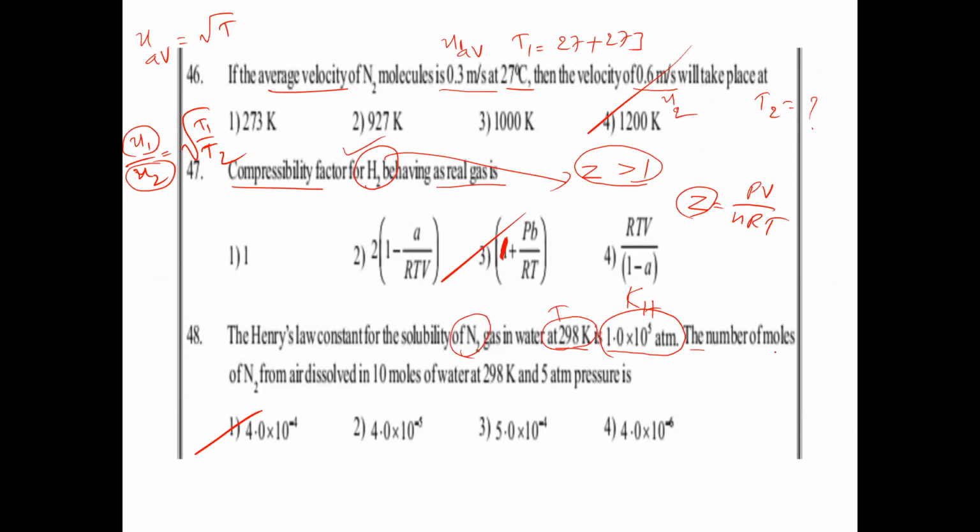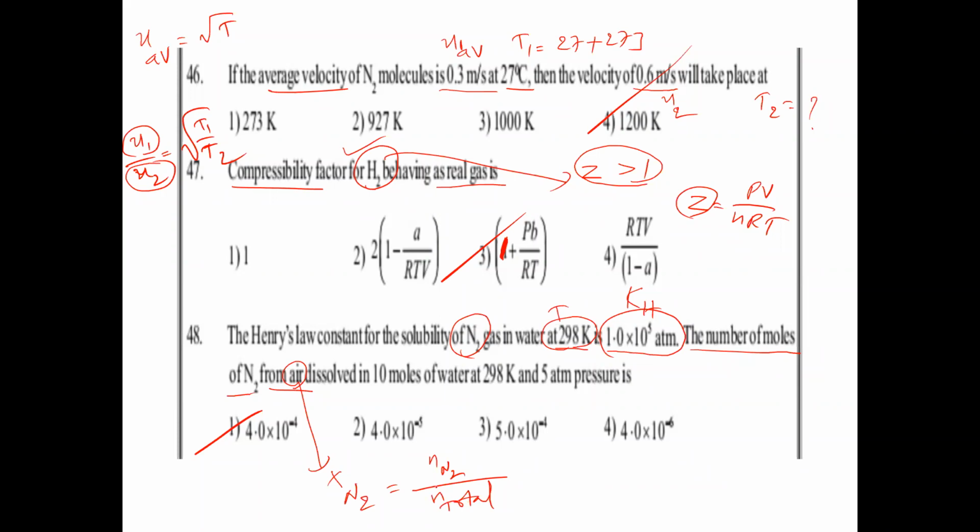Okay. Now the number of moles of nitrogen from air. Air is a mixture of what? Nitrogen, oxygen, CO2. So in air, there will be not only nitrogen, different gases will be there. Now we can calculate mole fraction of nitrogen. Mole fraction of nitrogen means number of moles of nitrogen divided by total number of moles of air.